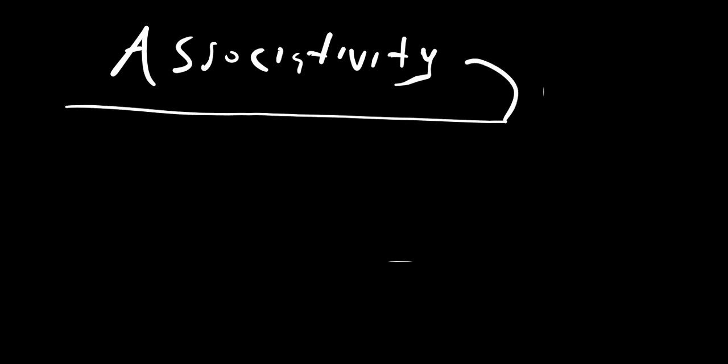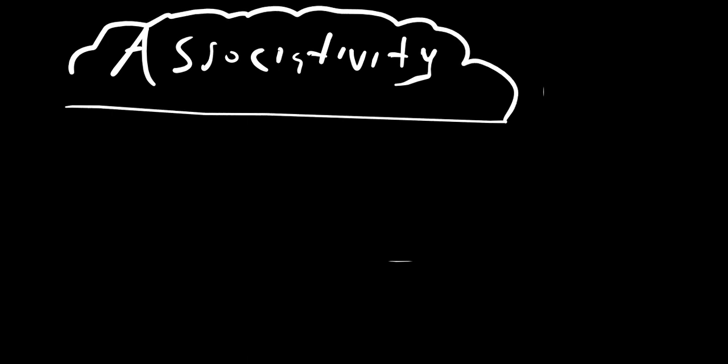Now let's talk about another law that we can consider. This will be our last law. There's this law which is called the associative law, or the law of associativity. So now in this law, what are we considering?